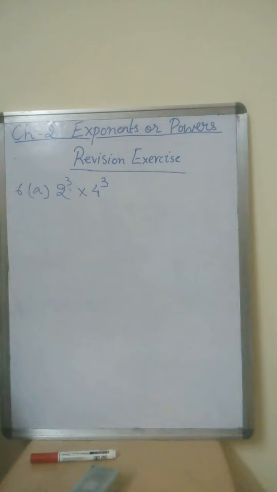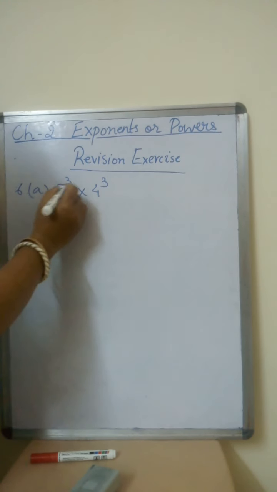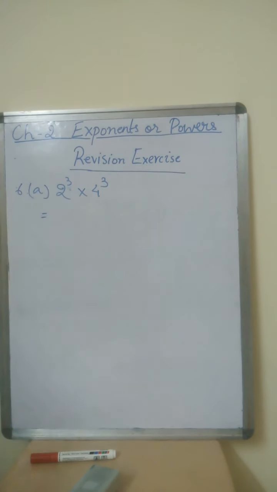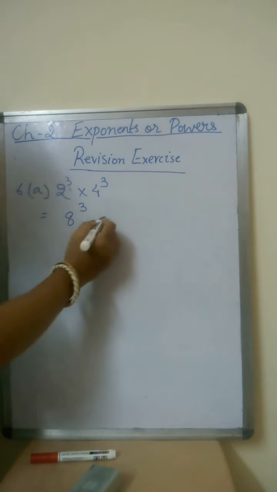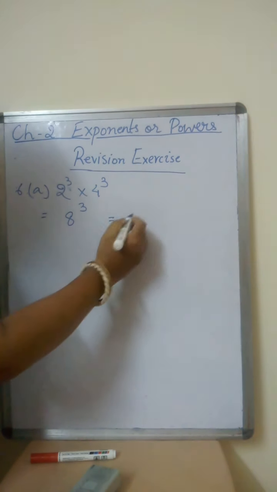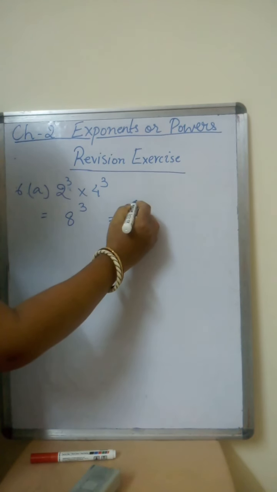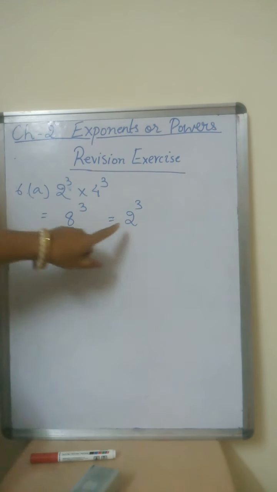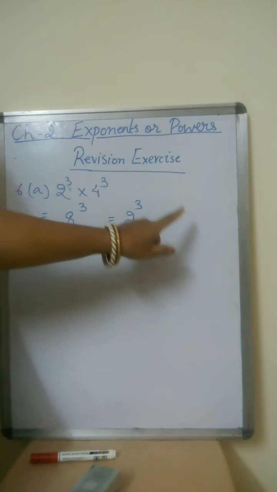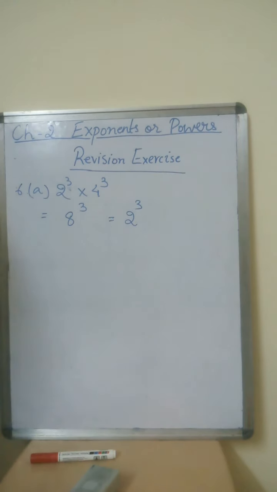Now 3 and 3 is common there, right? So since the power is common, it becomes 8 to the power 3. Now 8 to the power 3 means what? 2 to the power 3 is 8, right? So this is your answer.